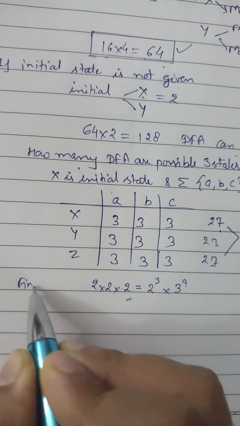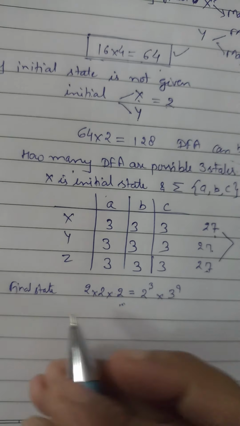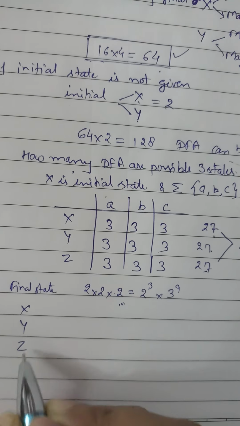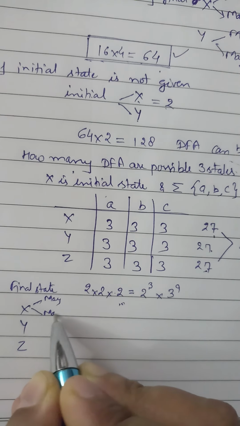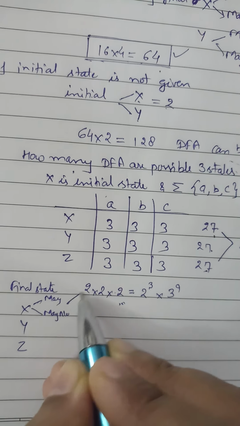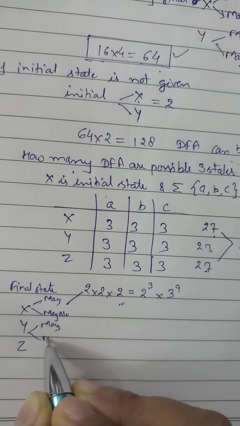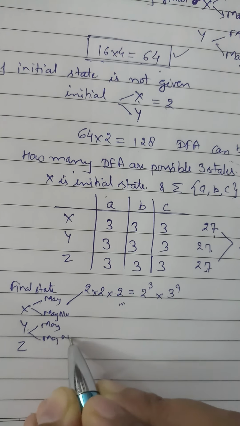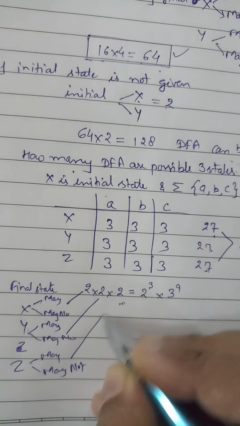So for the final state we have to make the choices. How can we make the choices? For x, for y and for z, two choices are there, maybe or may not. So for y, 2 choices, maybe or may not be, and for z also it may or may not be a final state. So 2 choices.